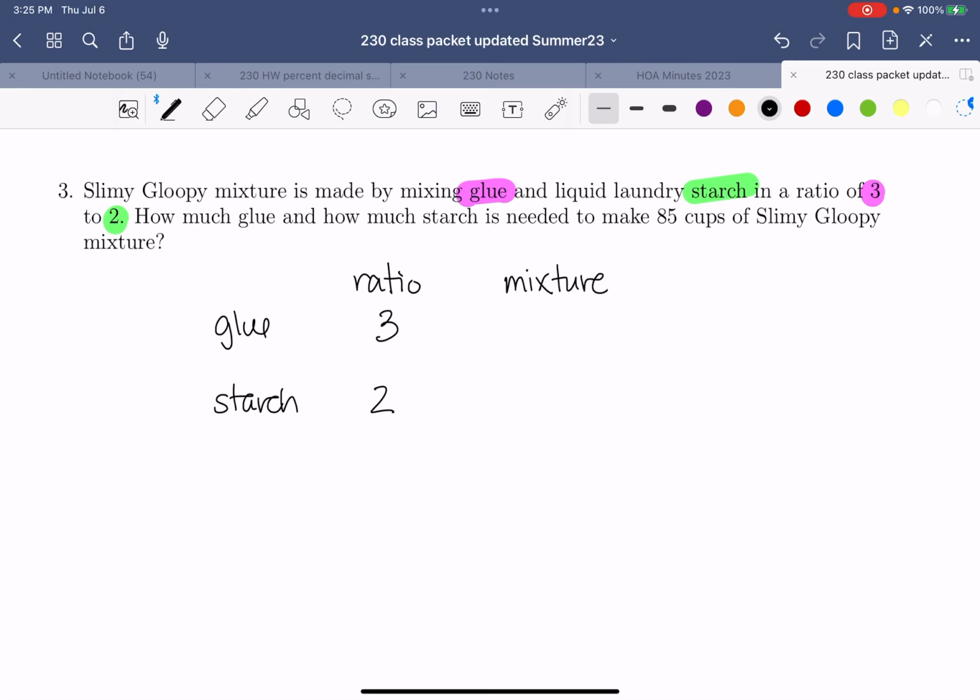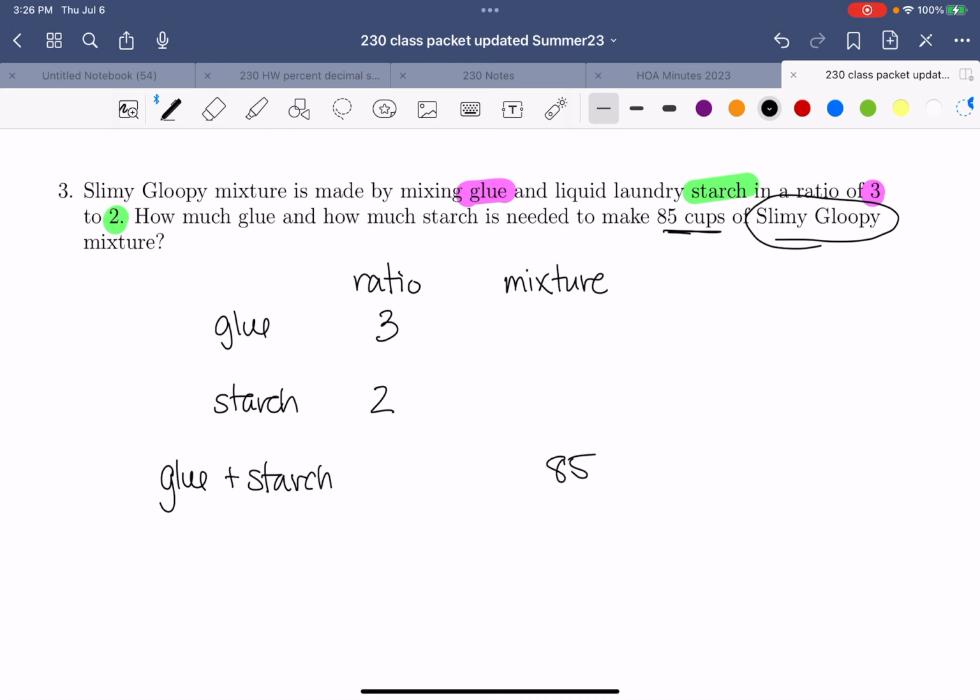Now keep in mind, this 85 cups down here, it says 85 cups of the slimy gloopy mixture, okay? But is the 85 cups, if I put it under mixture, glue or starch? Well, it's not either. It's the slimy gloopy mixture. It's both put together. So that's the glue plus the starch together. That's where my 85 goes.